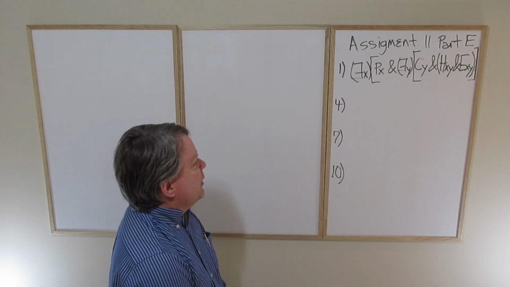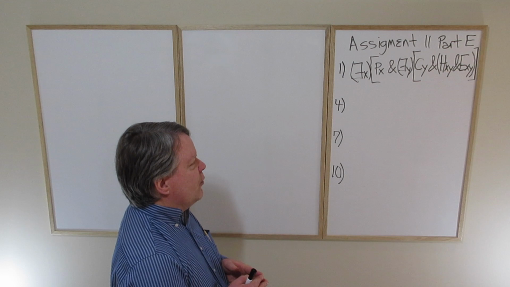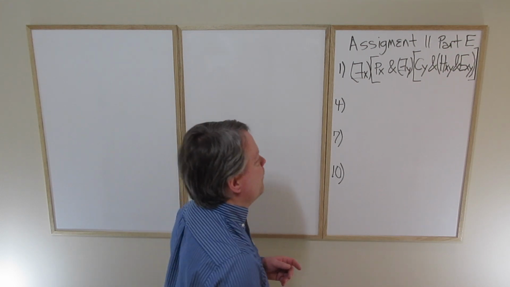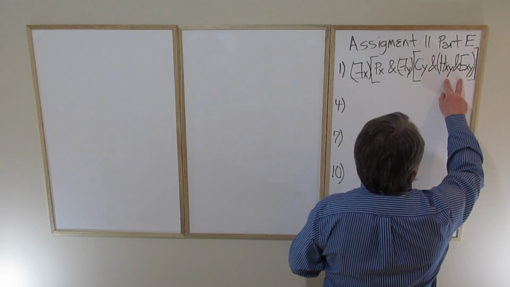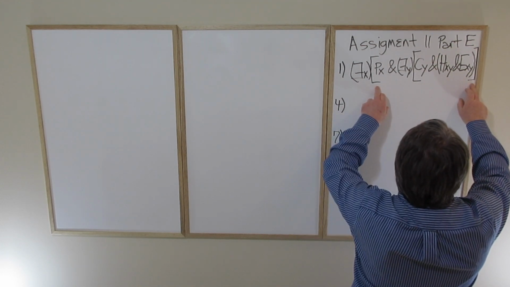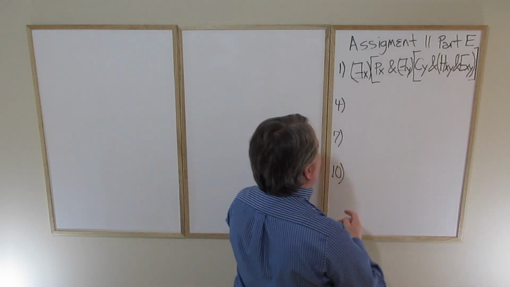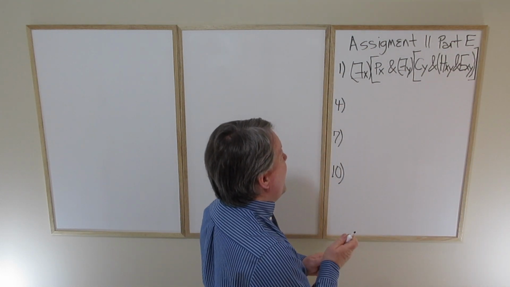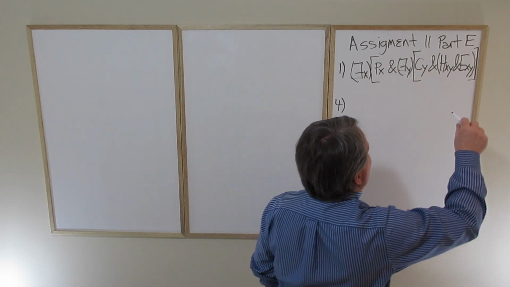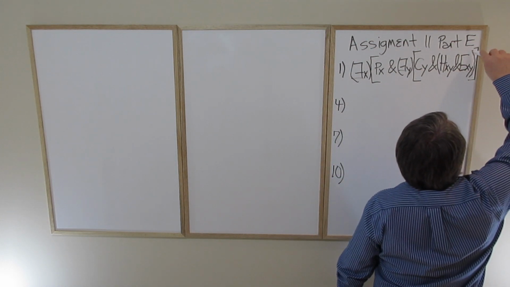We're doing it to preserve binary form. Now, one last thing that needs to be put in. So we've got two round brackets, two square brackets, but notice the bracket that's necessary to indicate that the X bound variable ranges over the whole thing doesn't have a pairing bracket.